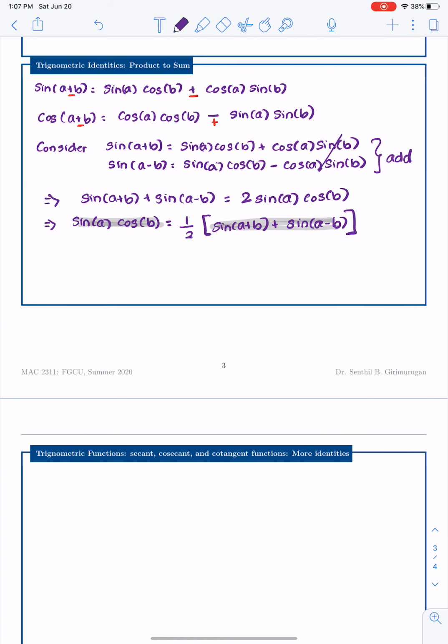So cosine A cosine B would be equal to 1/2 cosine A minus B plus cosine A plus B.